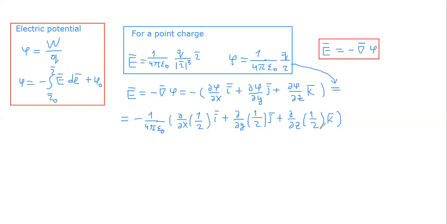Okay, how to calculate this? To calculate this, it is necessary to remember that r is equal to modulus of r, and it is equal to the square root of x in second exponent plus y in second exponent plus z in second exponent.